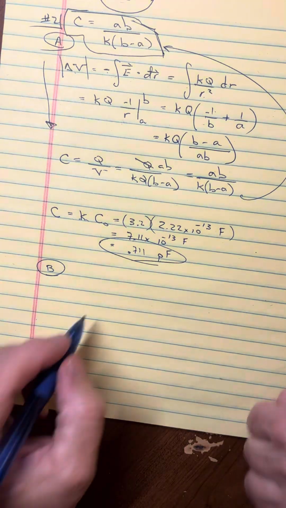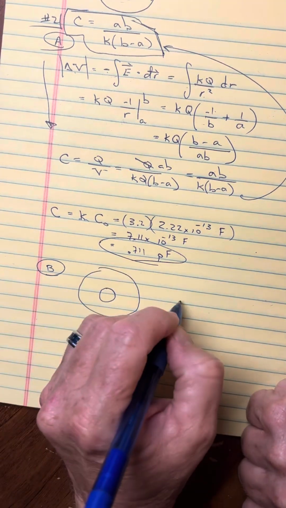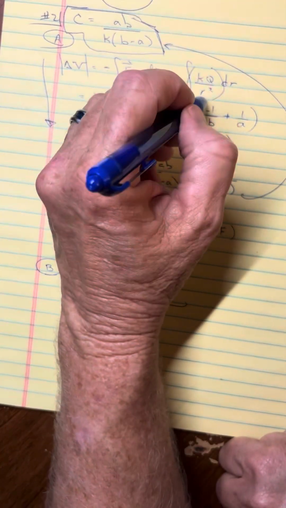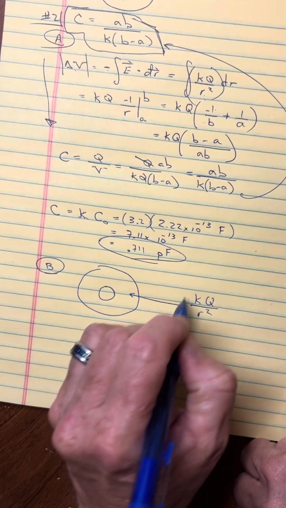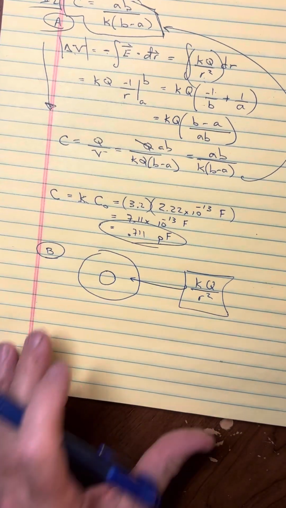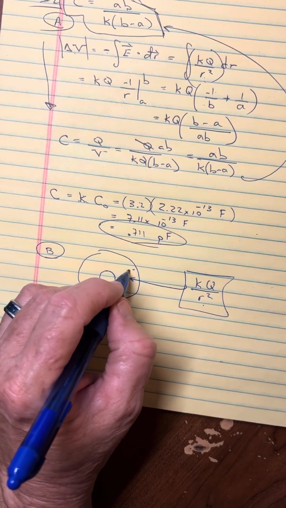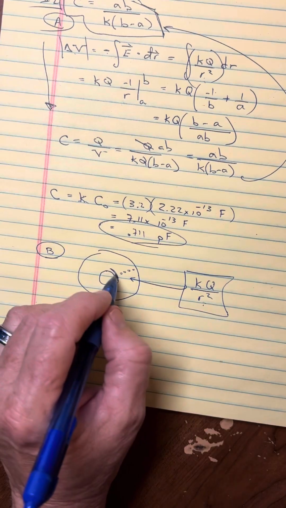And I should say cannot exceed that anywhere inside. And so if we go back to our equation for the electric field, Coulomb's constant times Q over R squared, you can see that the field varies depending on where you are, and it must be the strongest right here at the smallest radius.